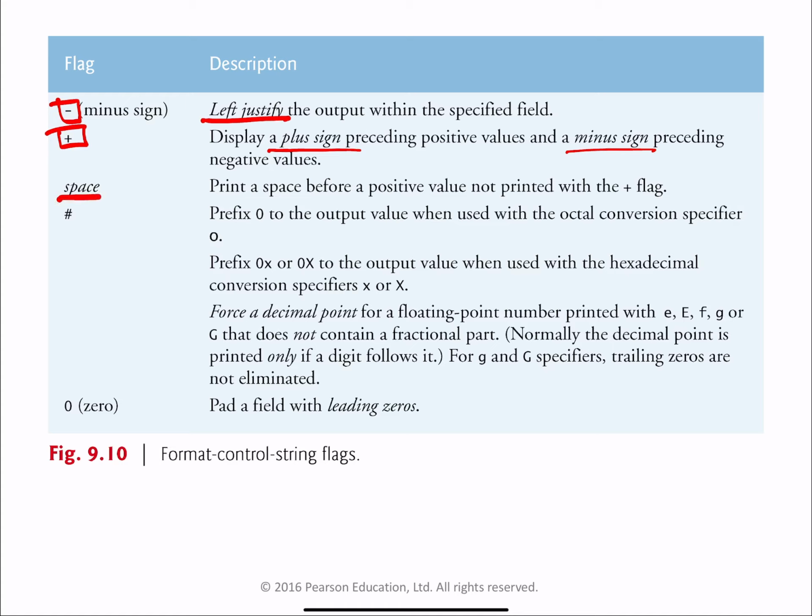If you leave a space, yes, that also has a meaning. If you leave a space in the conversion specifier, it means if you have a positive value, do not print a plus sign, but leave a space character instead.